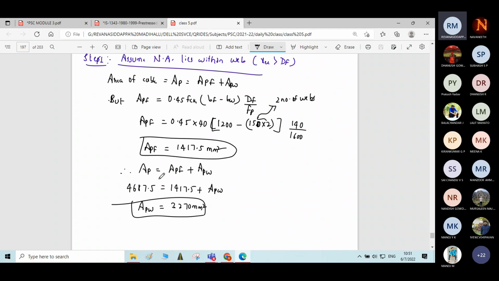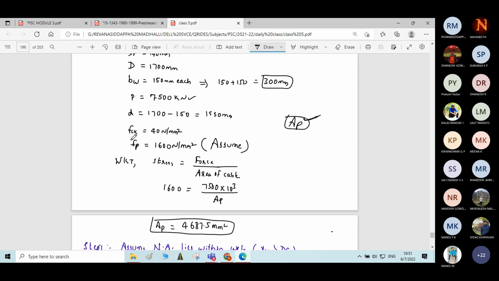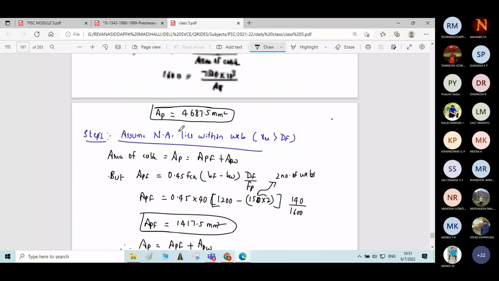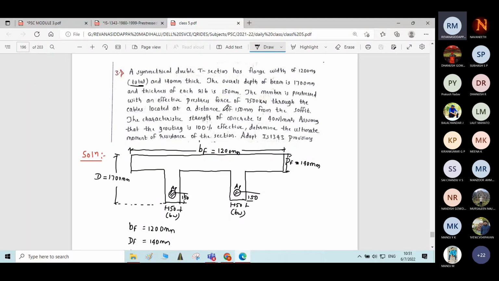Now we assume the second case. For the second case, we have to estimate the ratio using the table provided in the IS 1343 1980 code book. Concentrate here.